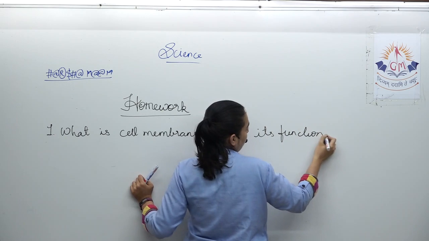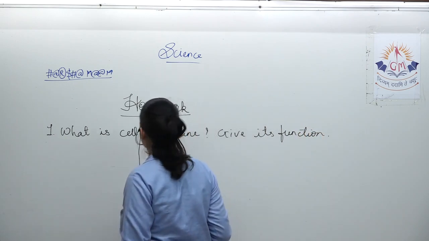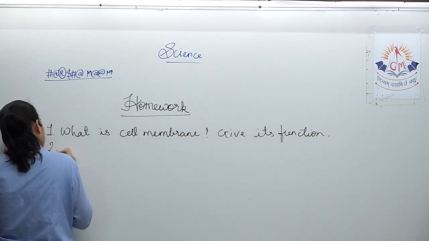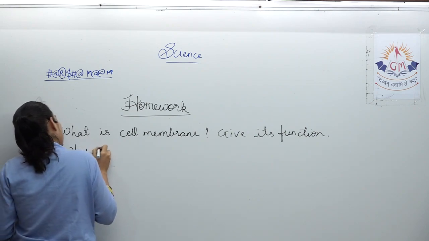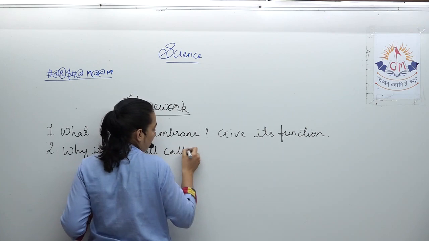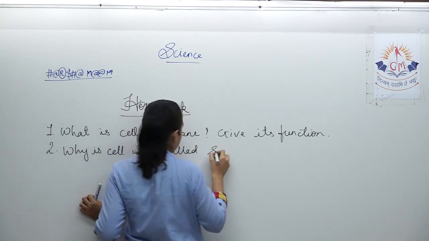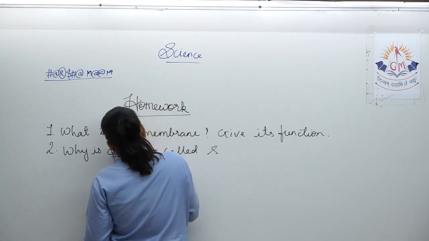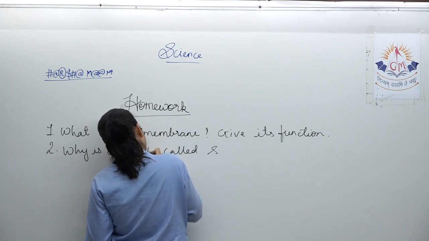Its function is to give shape and size to the cell. Second is, why is the cell membrane called a selectively permeable membrane?